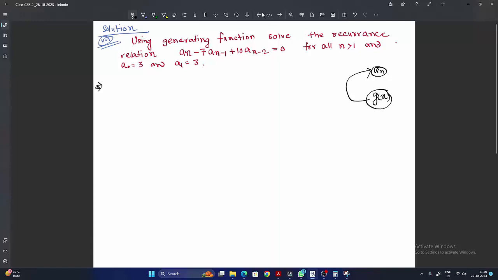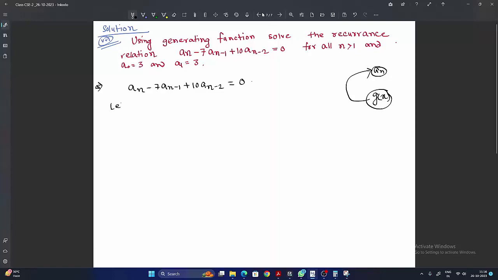That is the process. So to do that, we assume that this G(x) is a solution of that series. That means G(x) is a generating function of this a_n sequence. So first of all, just write as it is the recurrence relation, which is a_n minus 7a_(n-1) plus 10a_(n-2) is equal to 0.